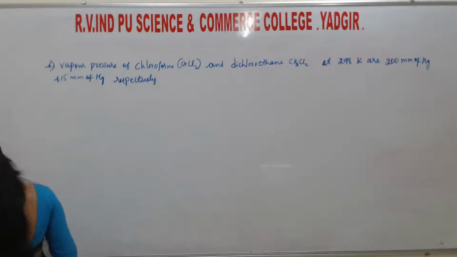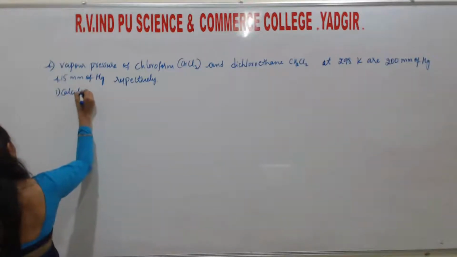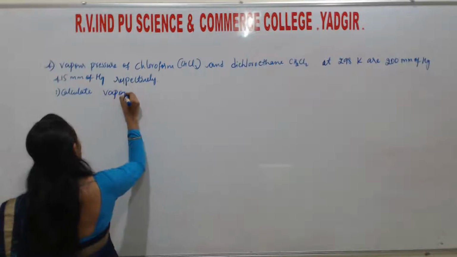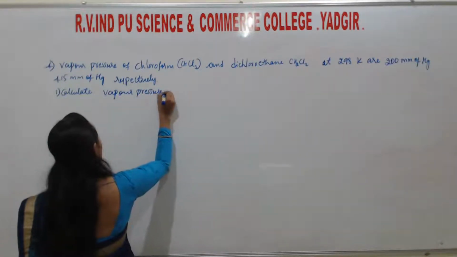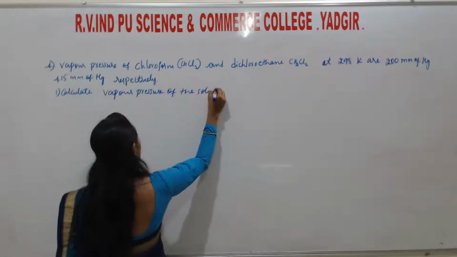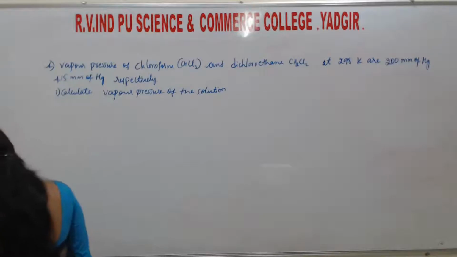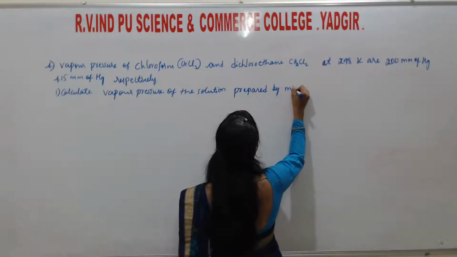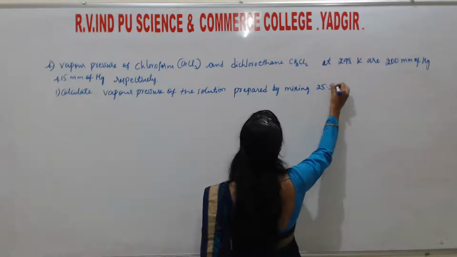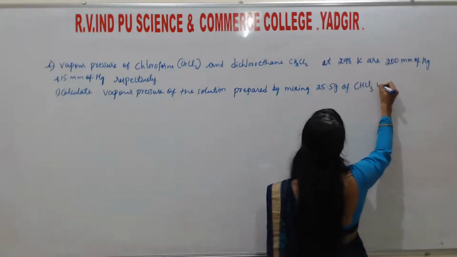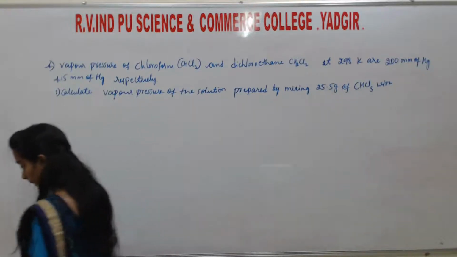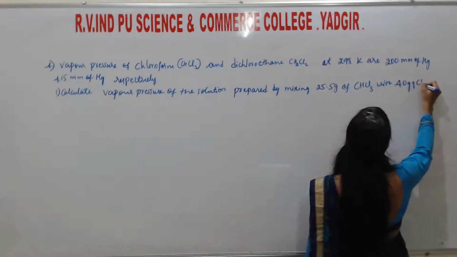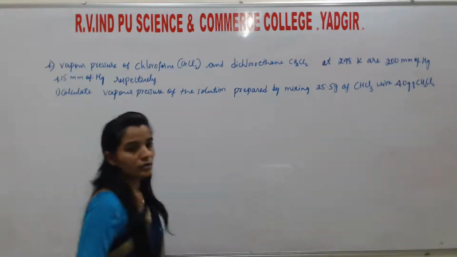What you have to calculate? First one, calculate vapor pressure of the solution prepared by mixing 25.5 gram of CHCl3 with 40 gram of CH2Cl2 at 298 Kelvin.